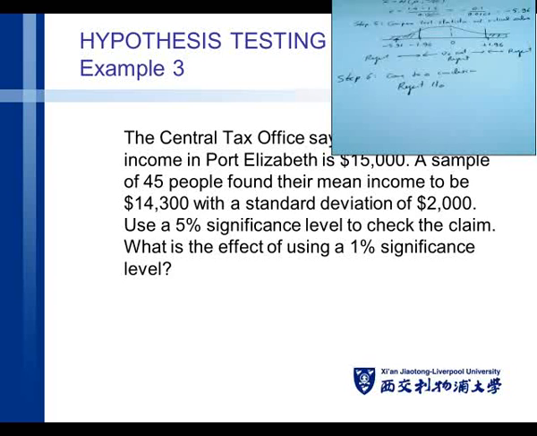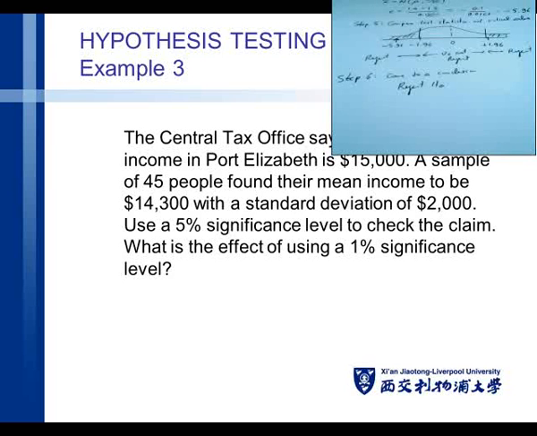So, what is the null hypothesis here? What do you want to check? Average income is 15,000. What information does the sample give you? It basically gives you the average in the sample was 14,300 and the standard deviation of that sample was 2,000.